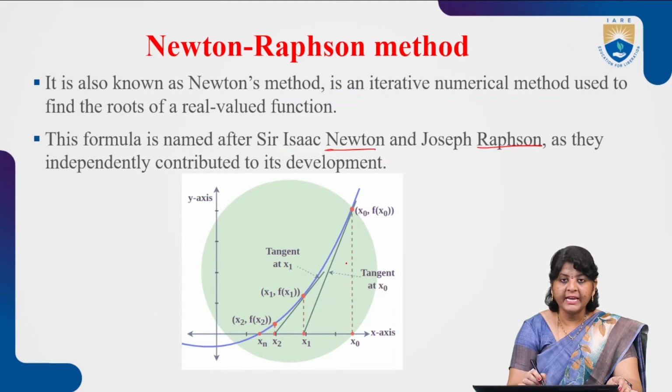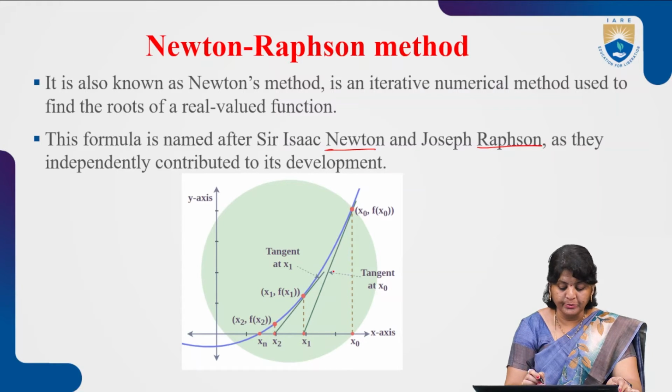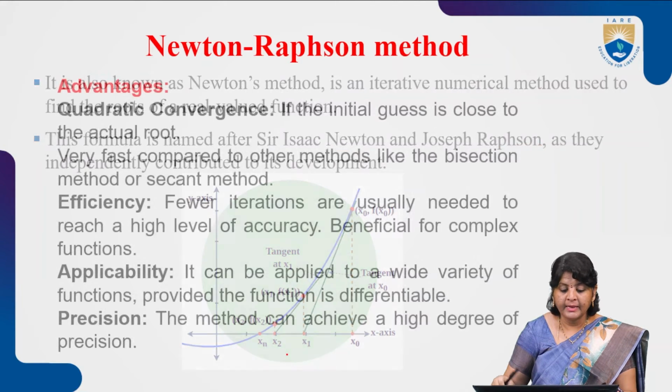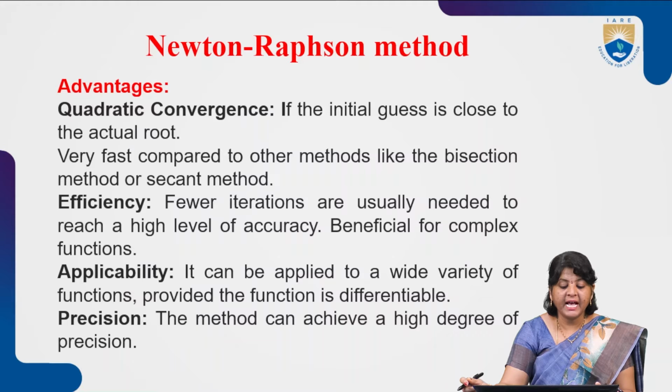Using f of x0, f of x1 and f of x2, we find the tangent, and wherever that tangent meets the axis gives the required root value. And this method has advantages, as it has quadratic convergence.